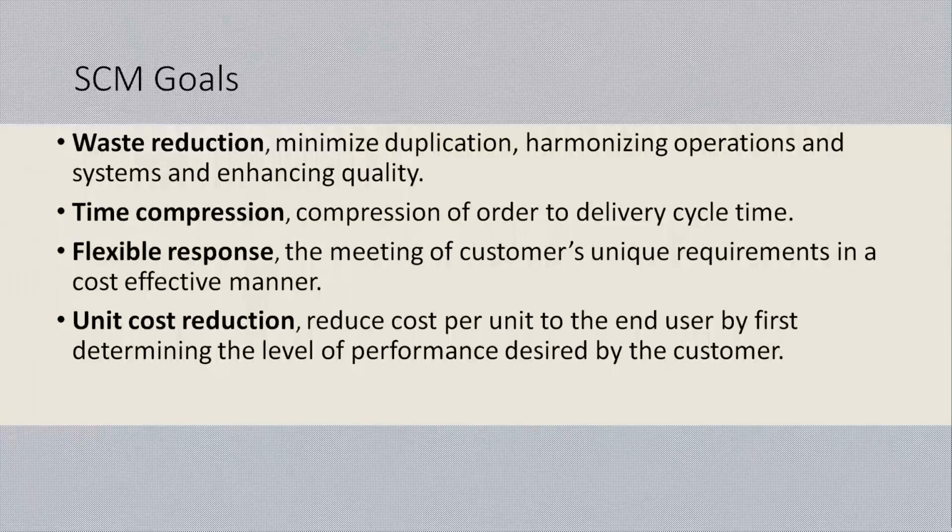At that stage, they want the supply chain, which is at stage 3, the expanded enterprise, so that the manufacturing organization of the automobile manufacturer, as well as their major suppliers, all must respond flexibly to this sudden increase in demand or sudden change in the demand pattern, etc. So, waste reduction, time compression, flexible response, and finally, unit cost reduction. These are the supply chain management goals.